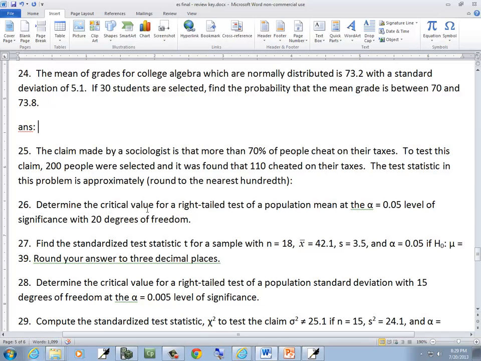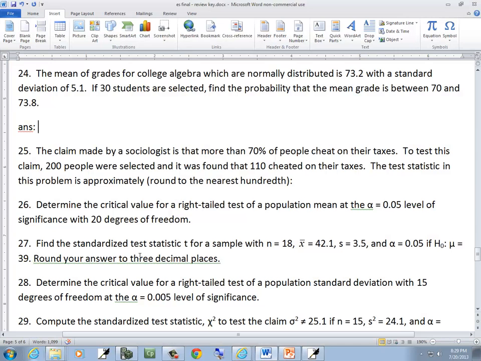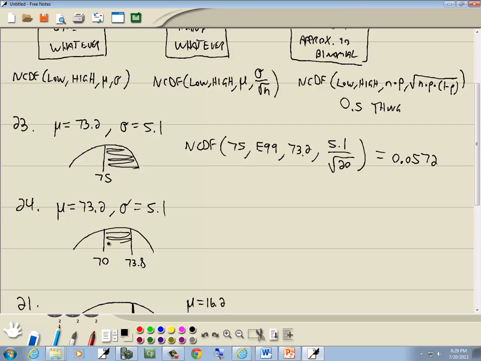Sigma is 5.1. If 30 students are selected, find probability of mean grade between 70 and 73.8. So 70 and 73.8. Between, we're shading this way.